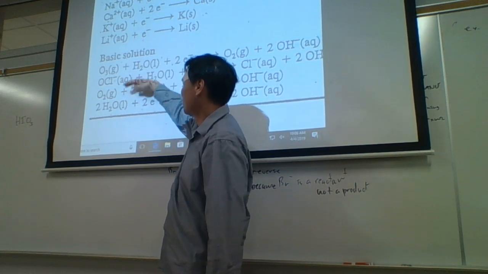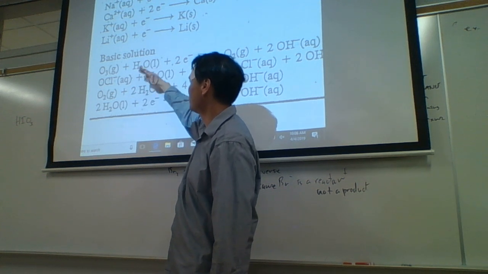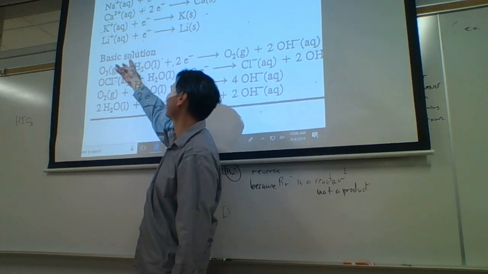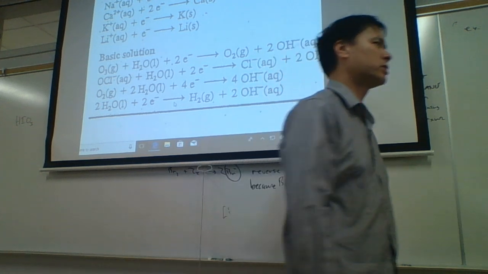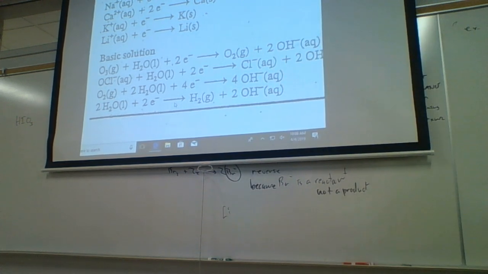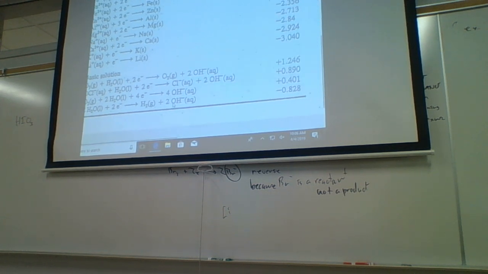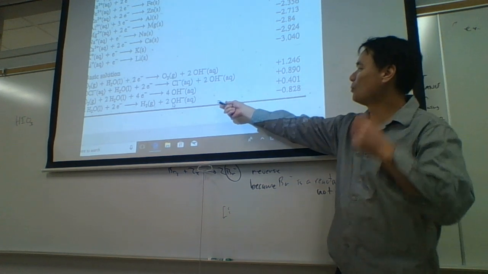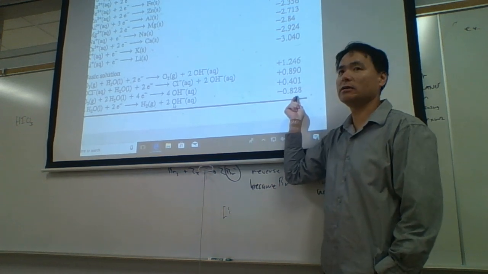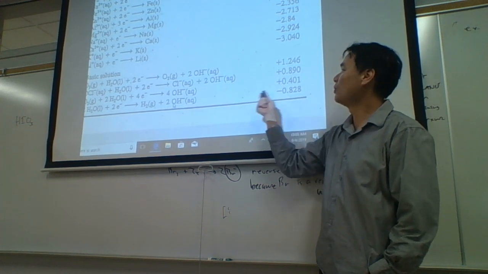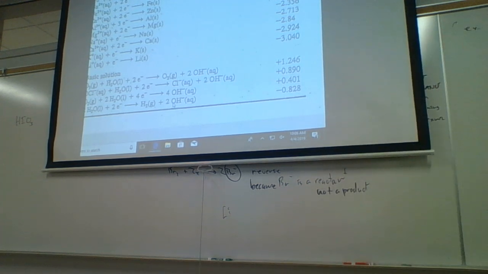This is a separate second chart. And the separate second chart is because this is under basic rather than acidic condition. And in the second chart, how do we rank these? Well, we rank these by this number on the right here. You see the number for water is minus 0.828. That's its ranking.